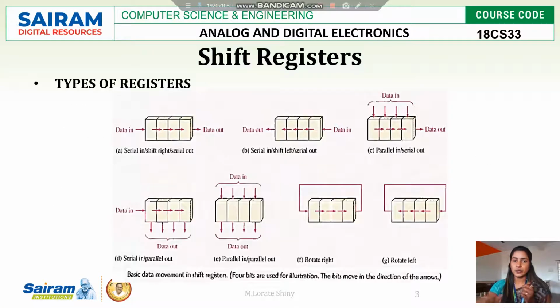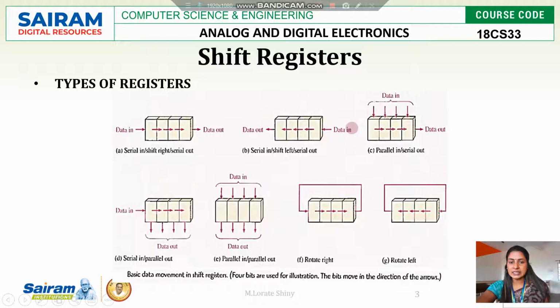Now we'll see the types of shift register. There are 4 types: serial in, serial out; serial in, parallel out; parallel in, serial out; and parallel in, parallel out. These two are serial in, serial out, but this is right shift, this is left shift. Here we are inserting the data, and here the last bit is shifting out.